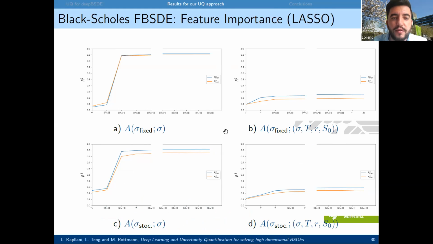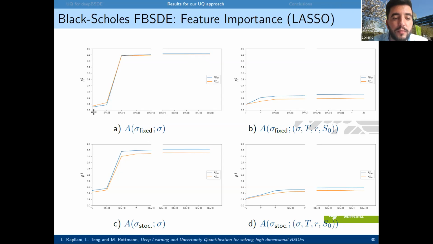Okay, I hope that you can see here, but maybe it's not that clear. In these figures, I have considered, in this case the Lasso model, to do the feature importance analysis. The orange line is the R squared for the test, and the blue is the R squared for the train.